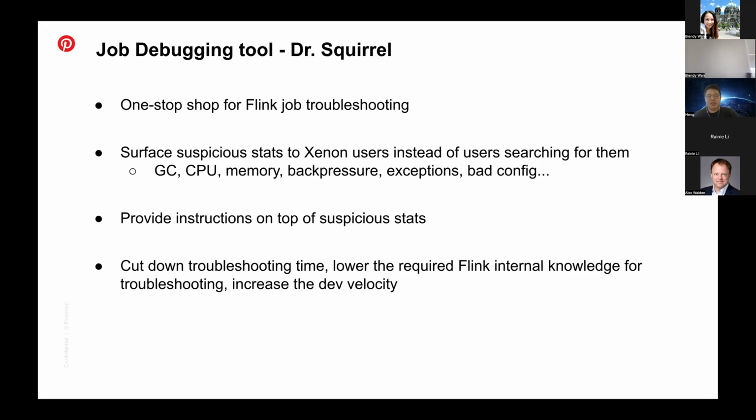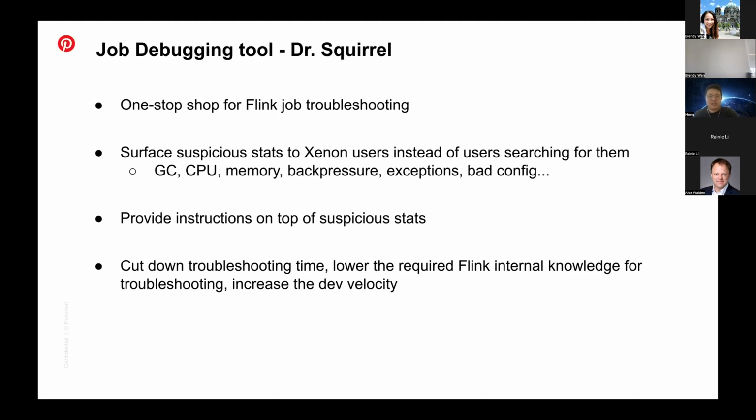Dr. Scale basically surfaces suspicious stats to users instead of users searching for those things. It checks GC, CPU, memory, back pressure, exceptions, bad configs, and many more. It also provides instructions if it detects some suspicious stats. If it is simple, then I think the user can just take that instruction and redeploy the job with the instruction. If it is difficult, then come back to us.